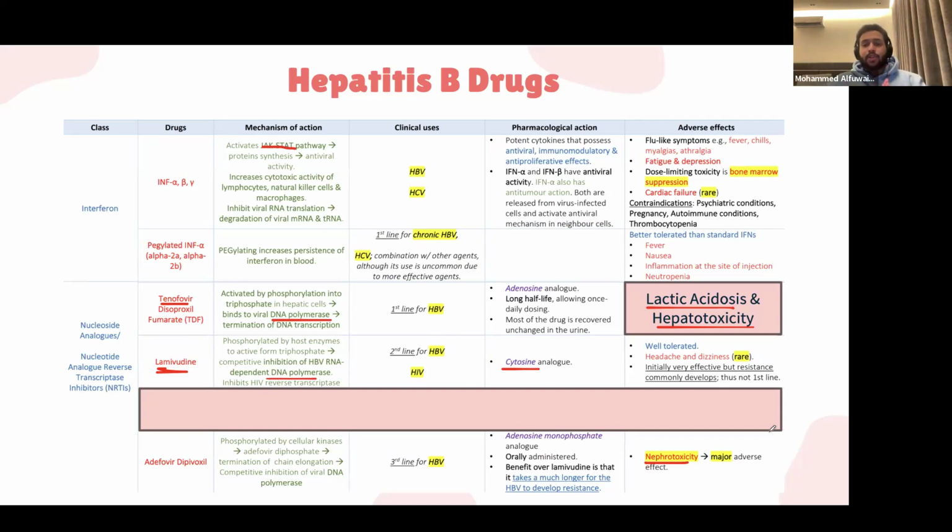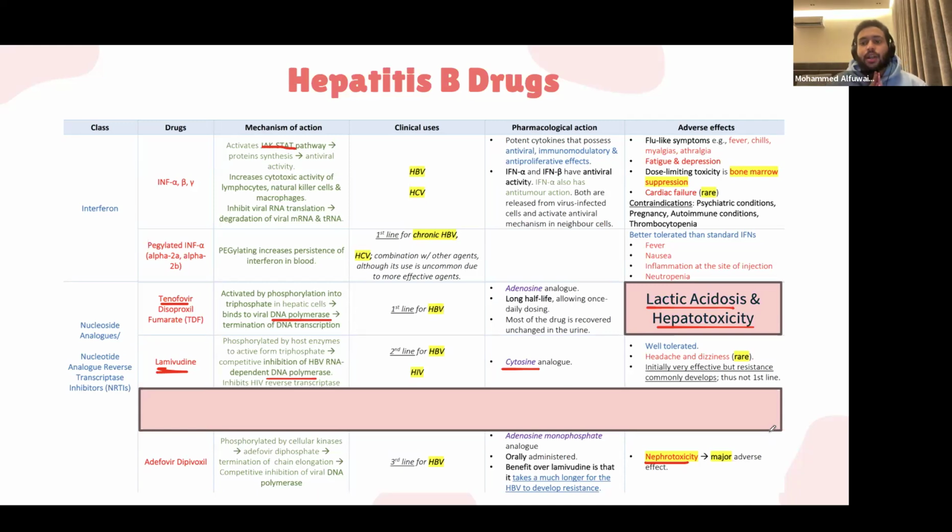So, a patient who's taking one of these hepatitis B drugs develops flu-like symptoms. What drug are they taking? Interferon, good. If a patient taking anti-hepatitis B drugs develops increased creatinine, increased blood urea nitrogen, kidney failure, what were they taking?